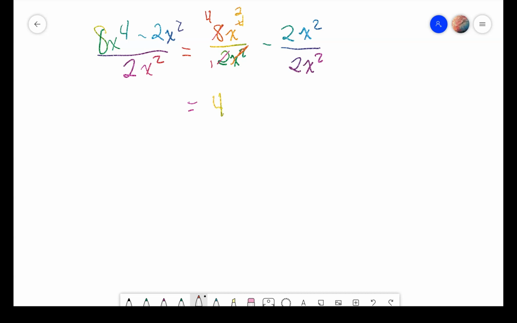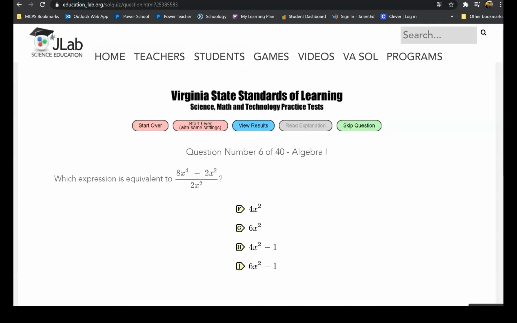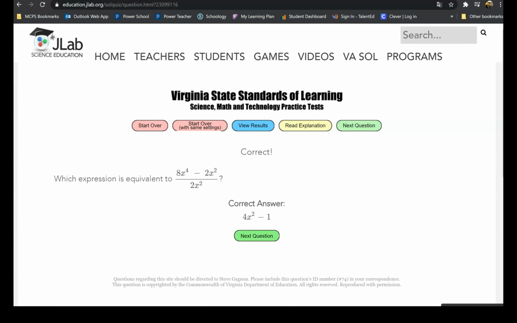So we're going to have 4x squared minus, now let's go over here, 2 divided by 2 is 1. X squared divided by x squared is also 1. So this whole thing is going to be minus 1. 4x squared minus 1 would be H. Hey, love it when I'm right.